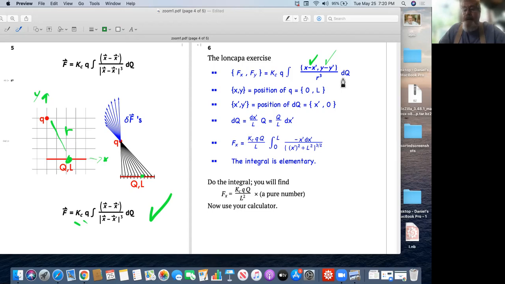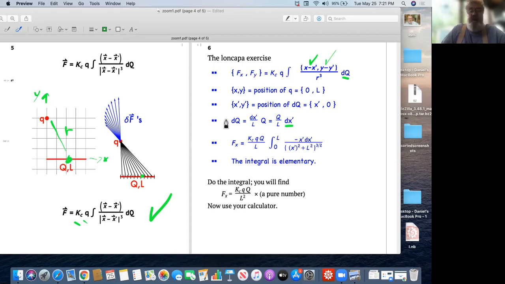What's dq? Well, I'm assuming that the charge is uniformly distributed along the rod. So how much charge is there in this little section of the rod? That little section of the rod has a length dx prime. How much charge does it have? Well, it's some fraction of capital Q, the fraction of Q equal to the fraction of the length.